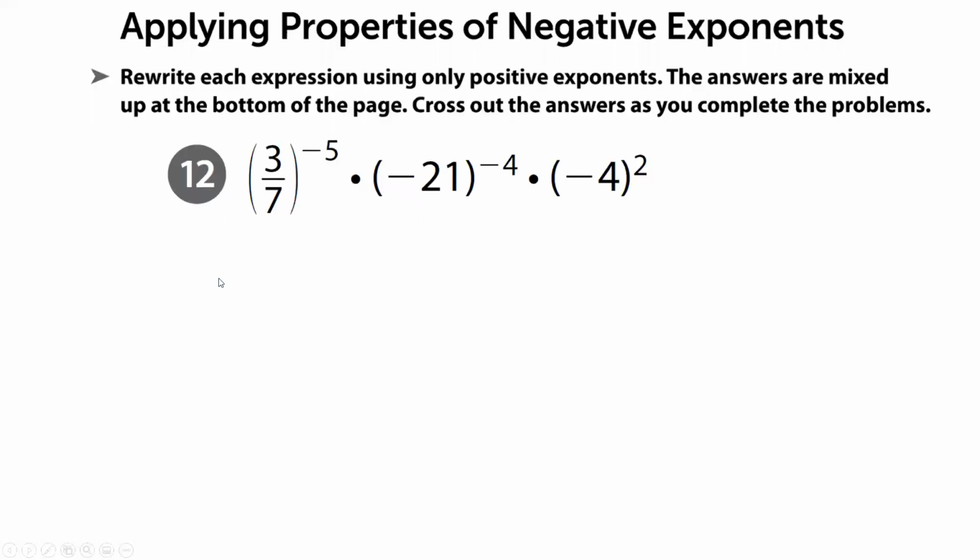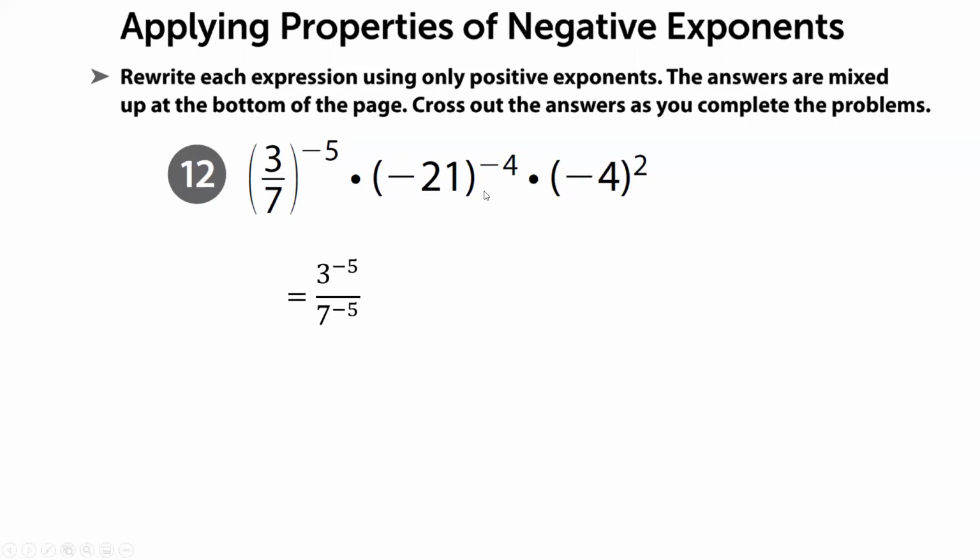Let's look at number 12 now. This one's a little more complicated than number 10. I have 3 over 7 all being raised to the negative 5th power. What you have to do here is use the power rule. You have to understand that the negative 5 is being applied to the 3 and it's being applied to the 7. So I can rewrite this as 3 to the negative 5th over 7 to the negative 5th.